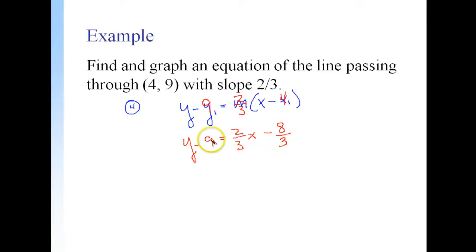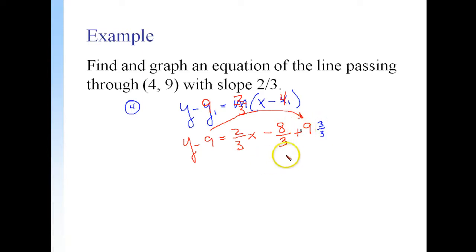And now what we're going to do is transpose this negative 9 over to this side as a positive 9. But we can't really join it, can we? Because this is a whole number and this is a fraction. So what we need to do here is convert this 9 to a number with a denominator of 3. So we're going to multiply it by 3 over 3.